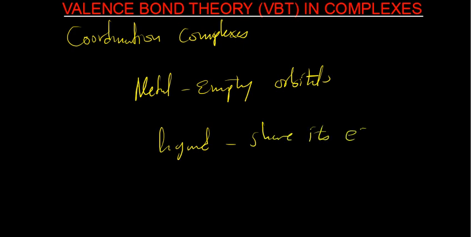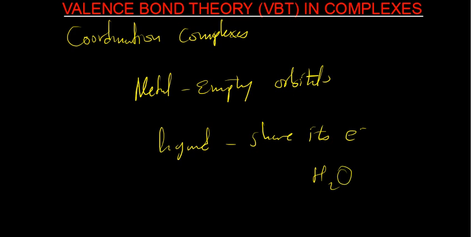Because this ligand has filled up orbitals, it has free electrons. Like it might have a lone pair of electrons. For example, water is one of the ligands.